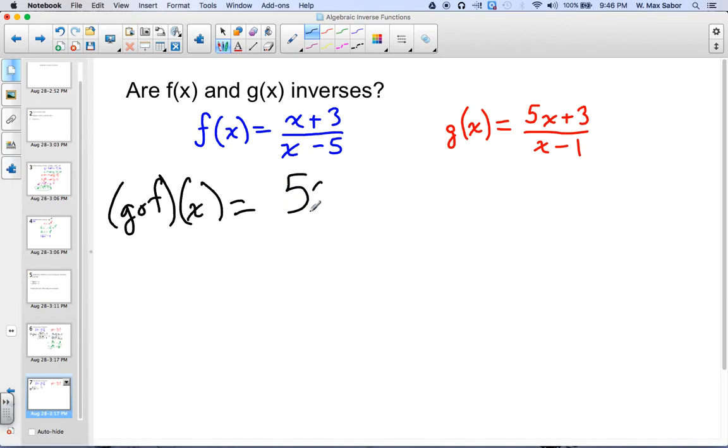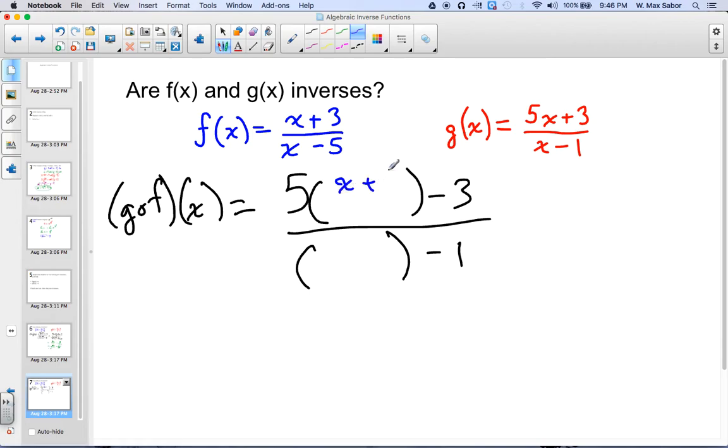We can take 5 blank minus 3 over blank minus 1 and substitute in f of x. x plus 3 over x minus 5, x plus 3 over x minus 5. Get common denominators. I'll write it out the long way this time.